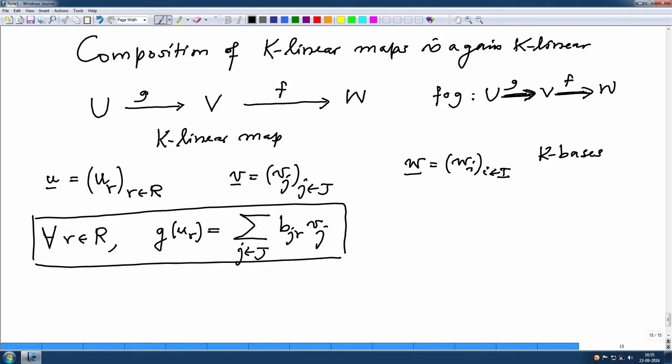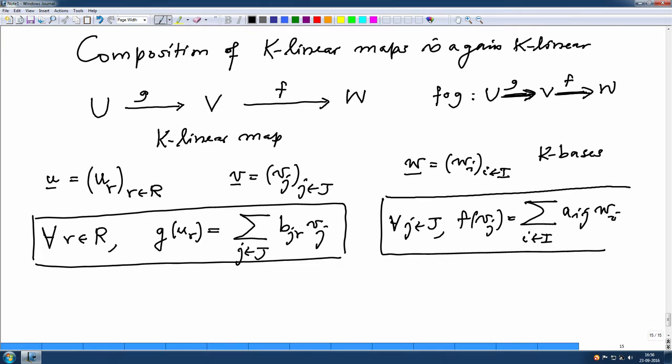And for F, for each j in J, F of Vj is the summation over i in I of Aij Wi.